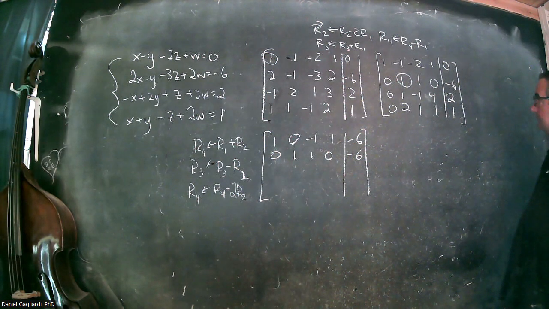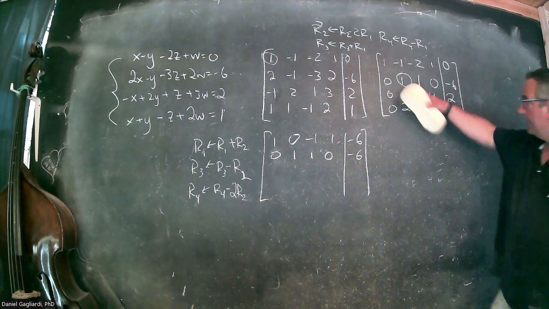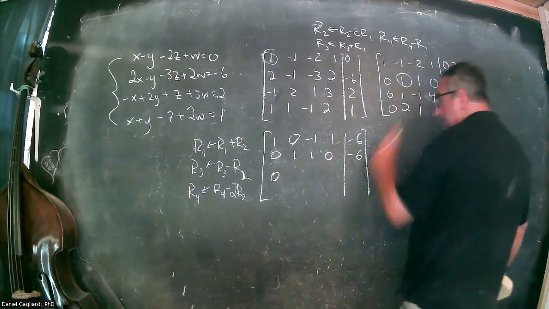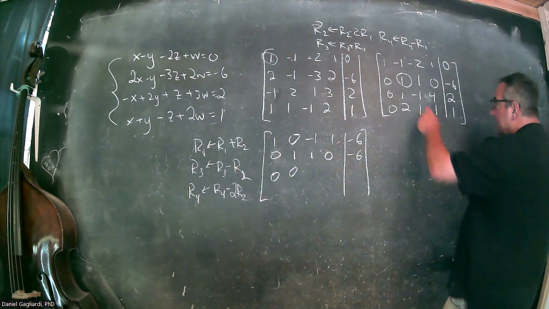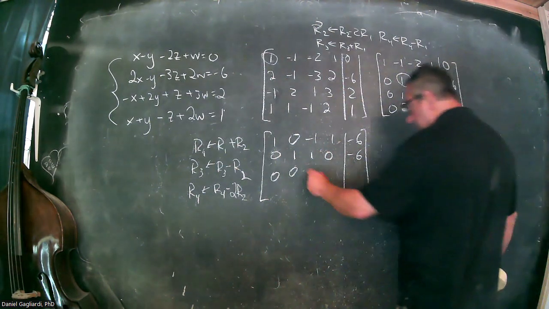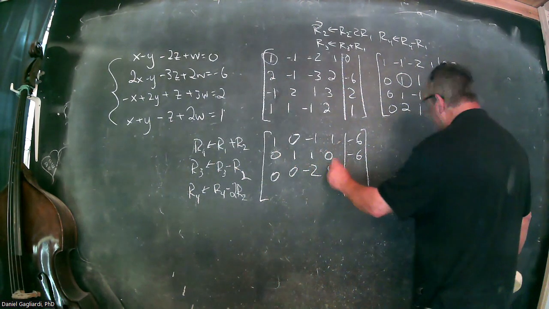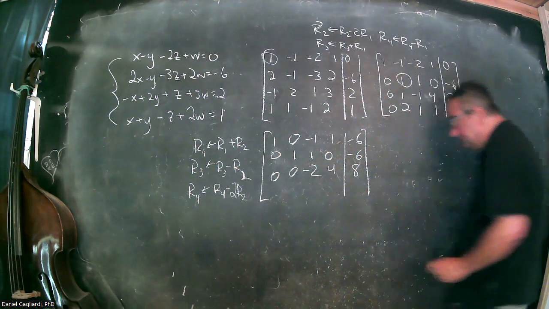Good. Now row 3 minus row 2. 0 minus 0, 1 minus 1 is 0 as desired. And then negative 1 minus 1 is negative 2. 4 minus 0 is 4, and 2 minus negative 6 is 8.